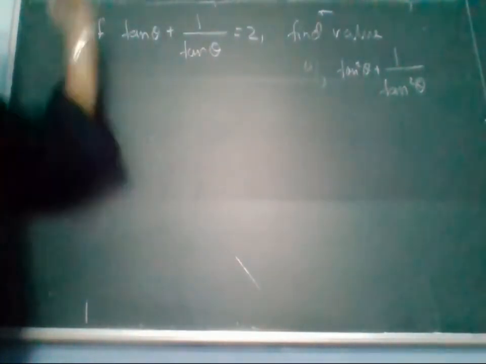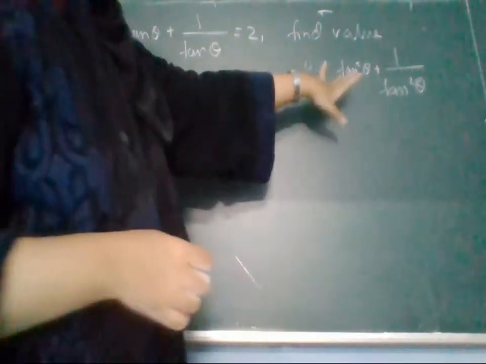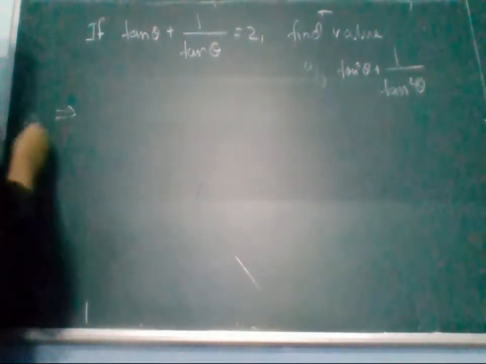So it is given that tan theta plus 1 upon tan theta is equal to 2. You have to find out the value of this expression. So we will start from here.